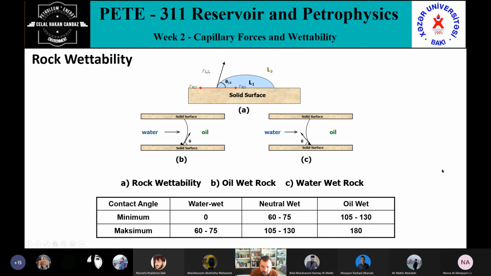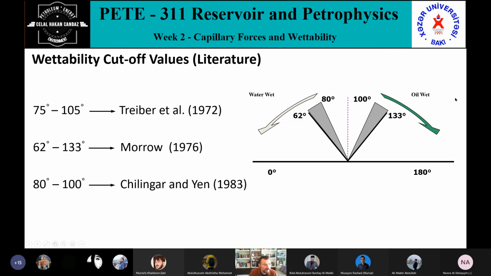Okay. So when you are making your calculations and descriptions of your contact angle, you have to consider these wetting values in the literature. So here is another view of this. For Morrow, I used Morrow because this is the most accepted one in the literature, it uses 0 to 62 as water wet, 62 to 133 as the intermediate wet region, 133 to 180 as oil wet.